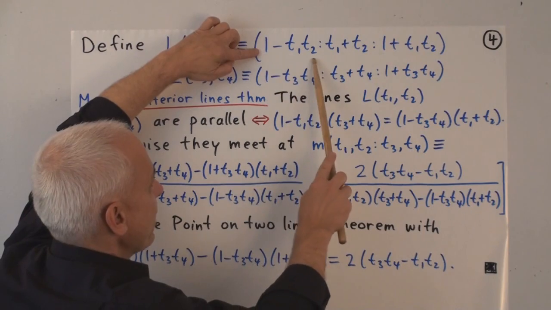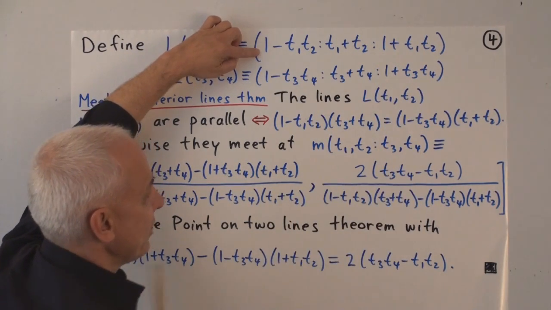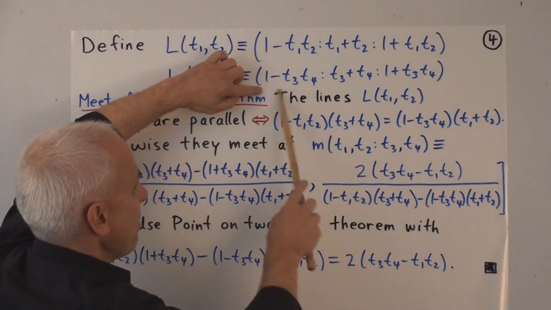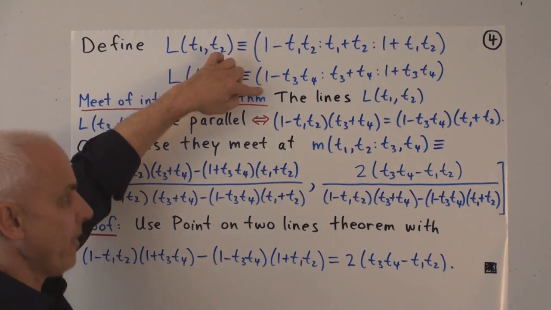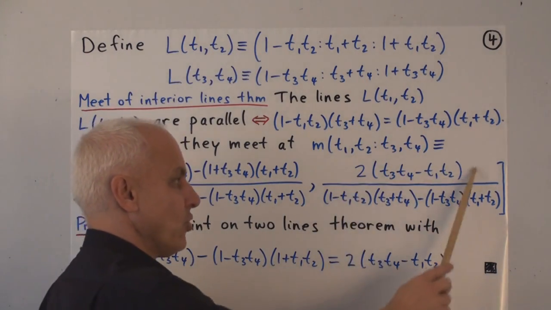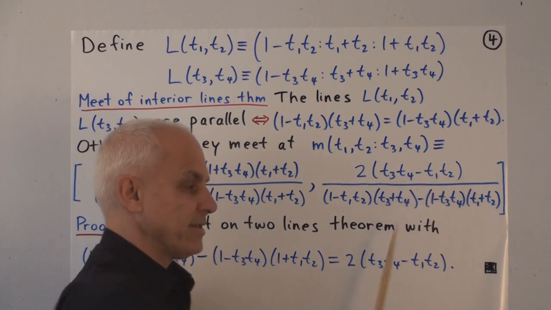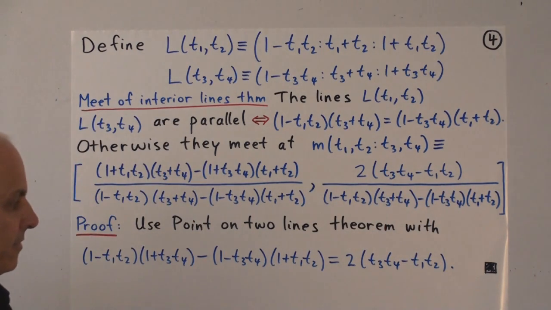So if you calculate 1 minus t1, t2 times 1 plus t3, t4, and then you subtract 1 minus t3, t4 times 1 plus t1, t2, then you'll see that you're going to get 2 times t3, t4 minus t1, t2. That's that relation that I just wrote down there.